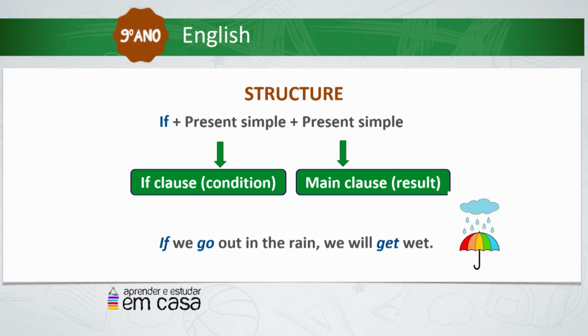Now, in the main clause that shows you the result, the verb also has to be in the present simple. Now, remember, if clause shows you the condition with the verb in the present simple, and then the main clause, which is the result, also shows you the verb in the present simple.